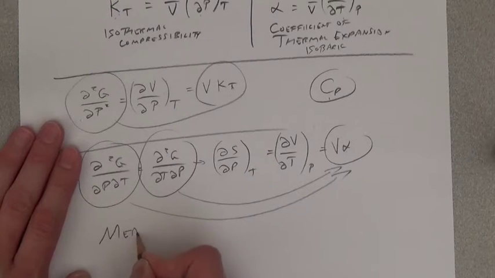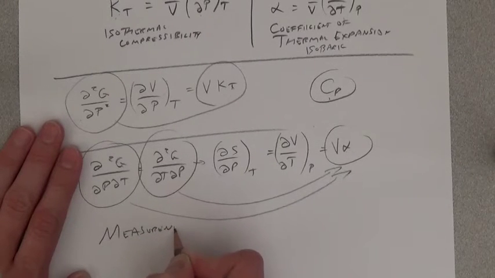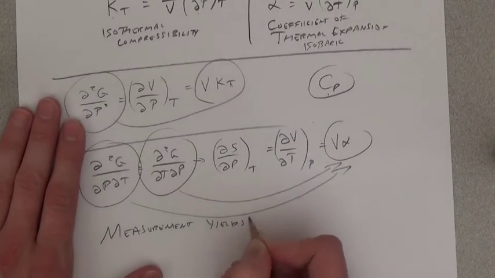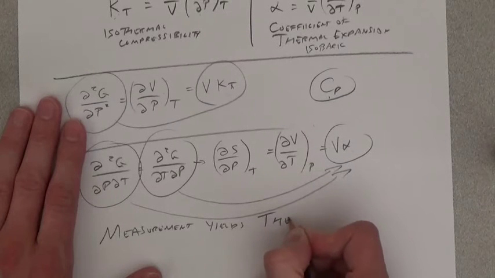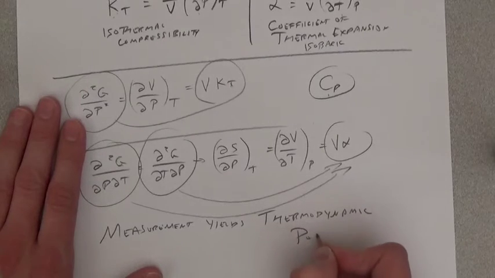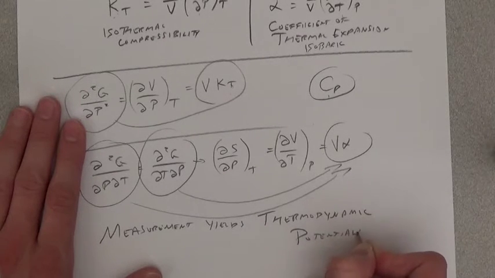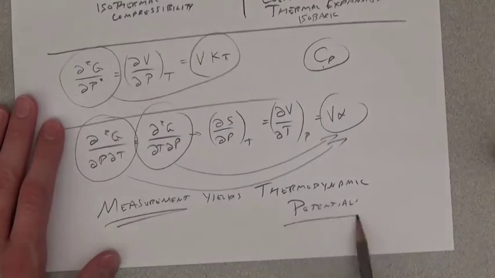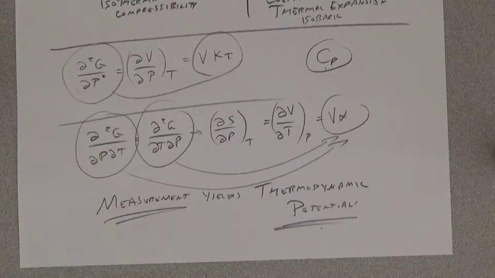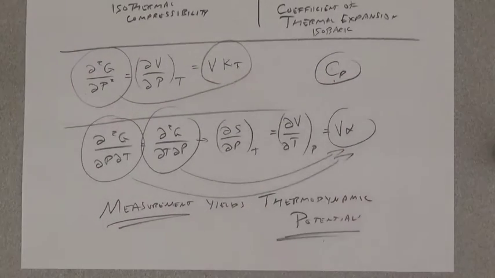So measurement yields the thermodynamic potentials. And that's a big thing. There's no instrument that you can use to measure Gibbs free energy, but measuring these allows you to determine the Gibbs free energy.